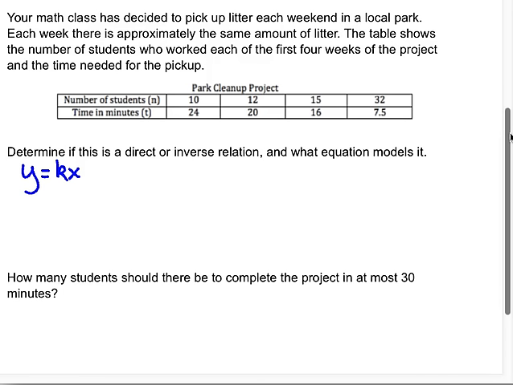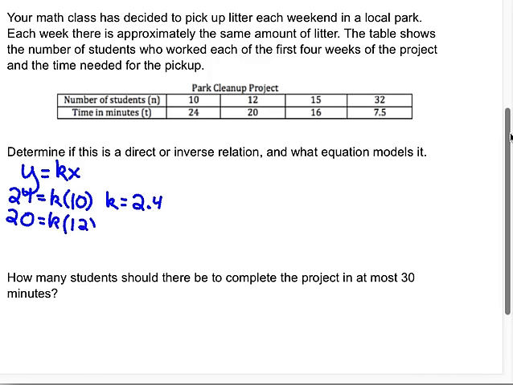So let's plug in the first x and y. So 24 equals k times 10. Divide the 10 off. Your k is going to equal 2.4. Let's plug in the next x and y.